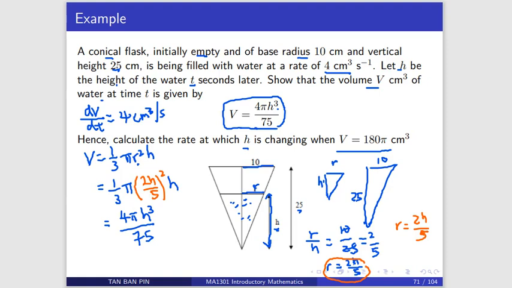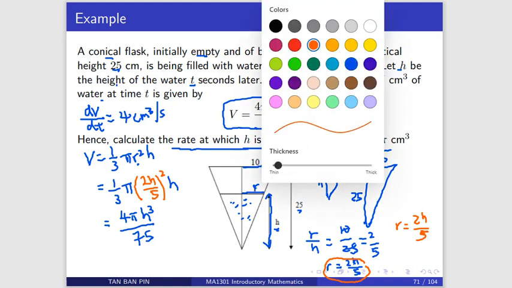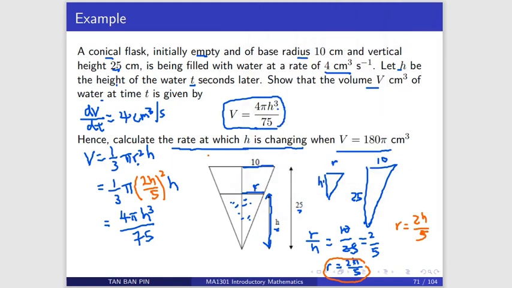After that, you're supposed to find the rate at which h is changing. So it means you're supposed to find dh/dt. The question tells you water is filled in at 4 cm cubed per second, which I have written here.